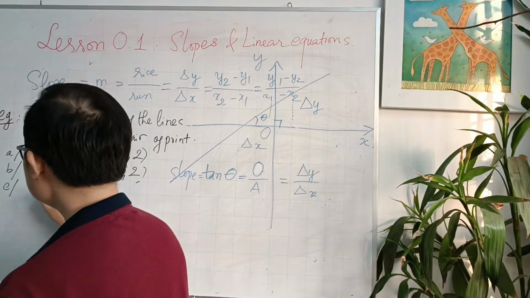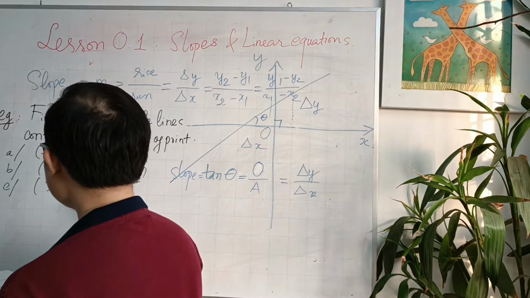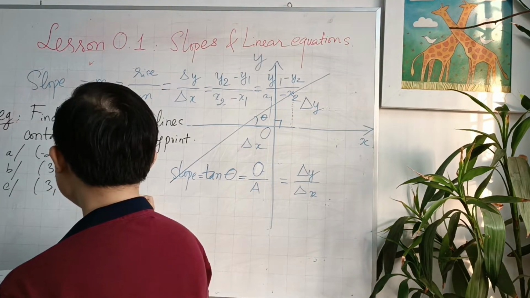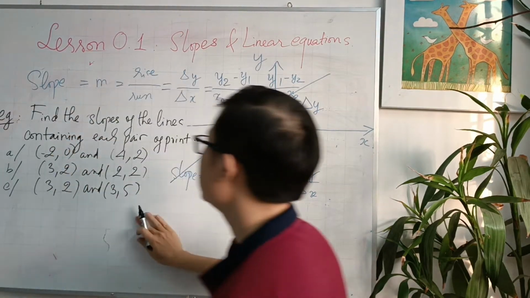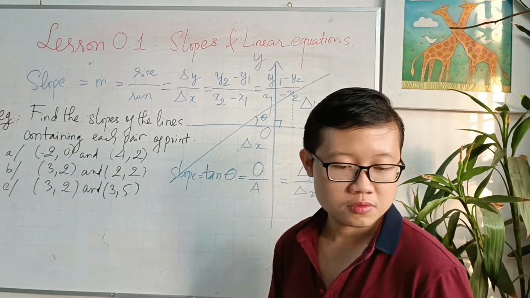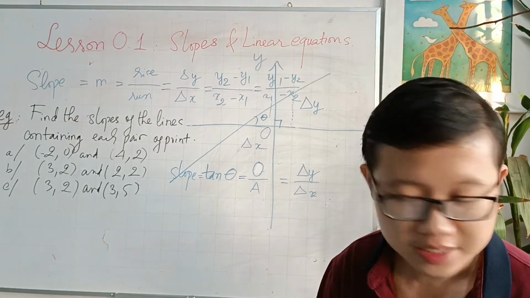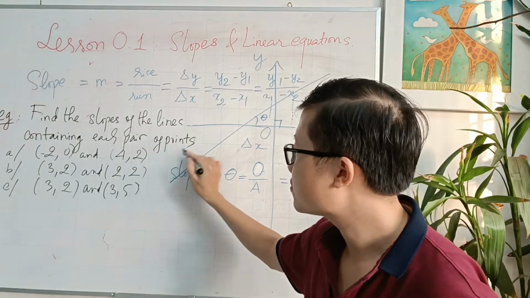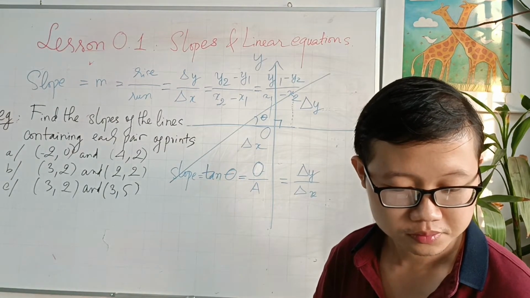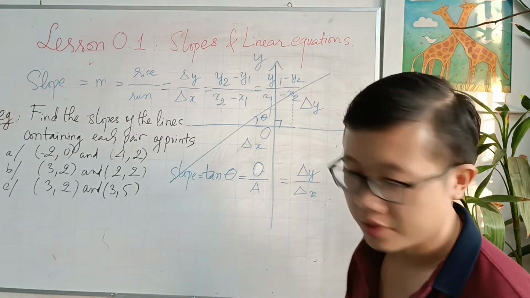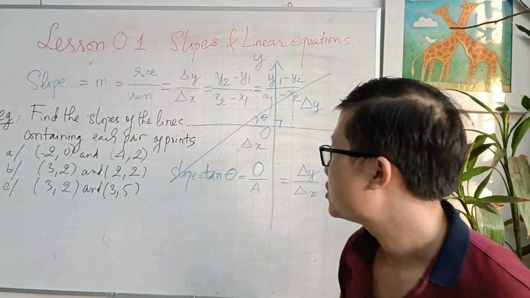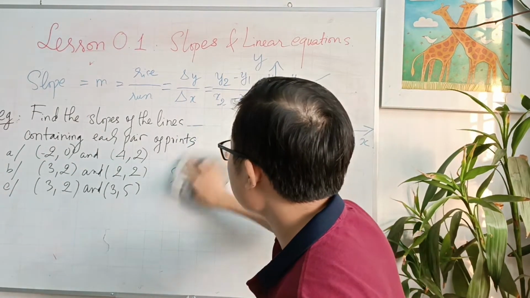And C: (3, 2) and (3, 5). Okay. The questions require us to find the slope of the line containing each pair of points. So I want to clear my board to have some space to do this exercise.